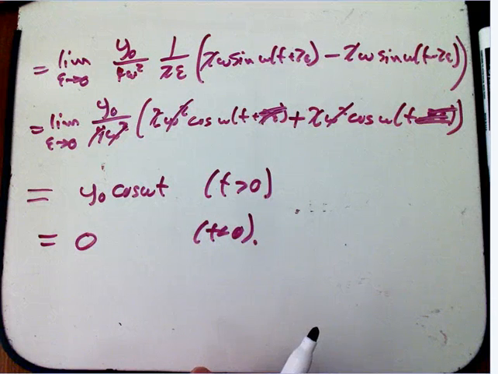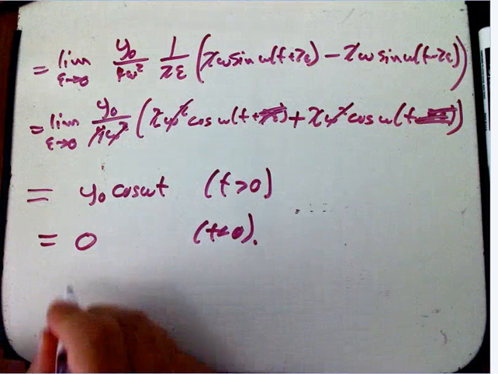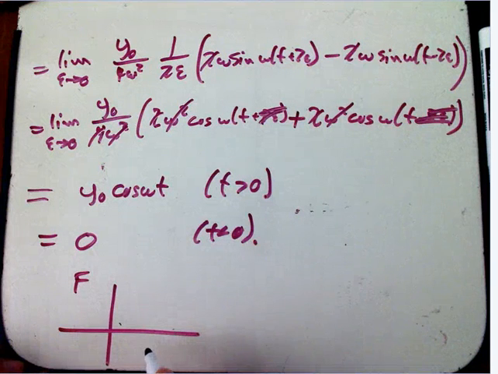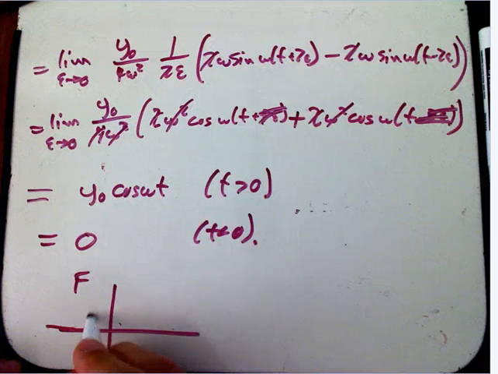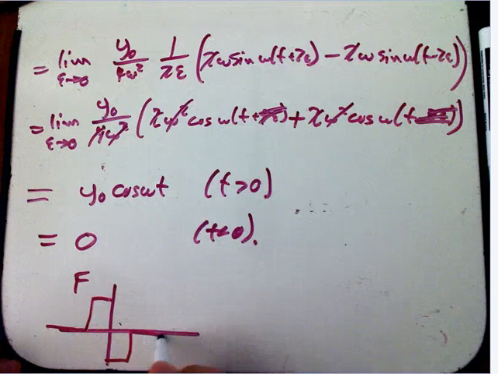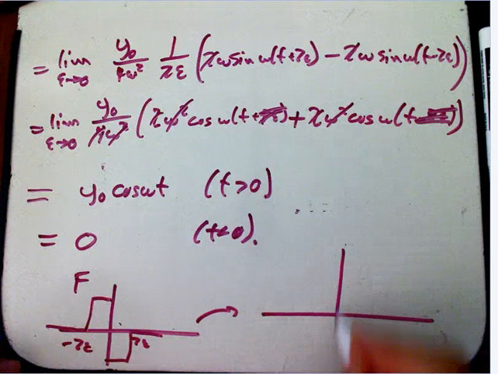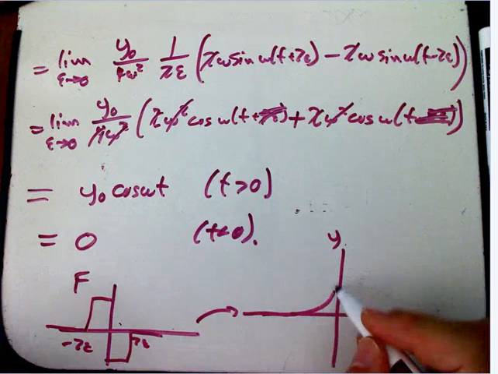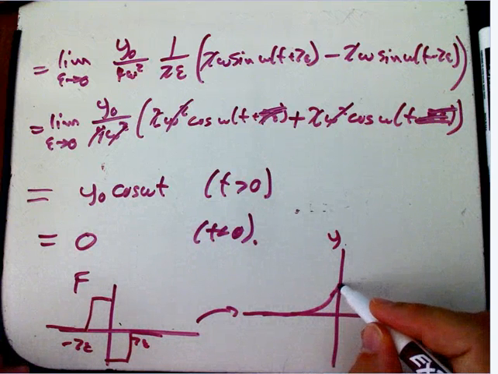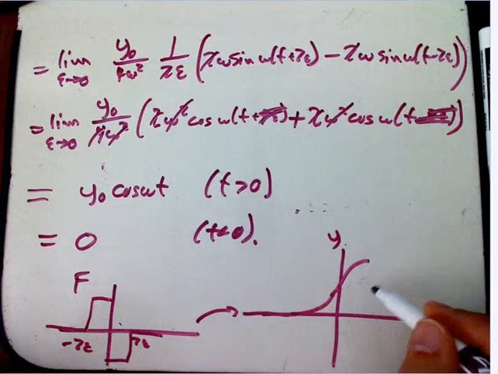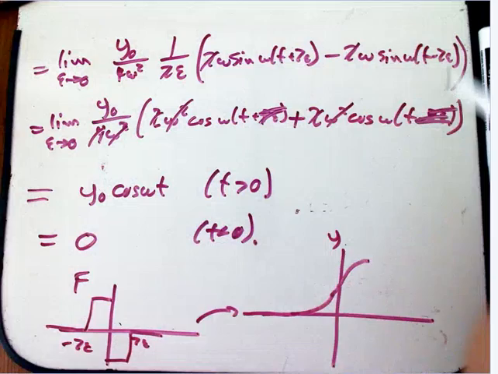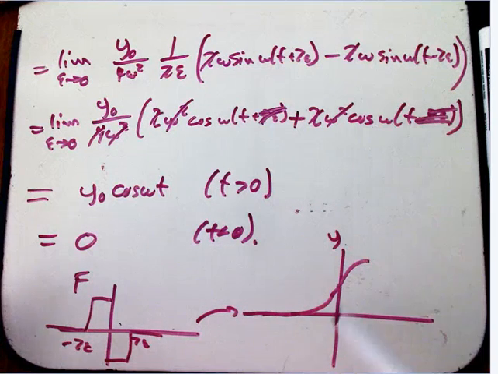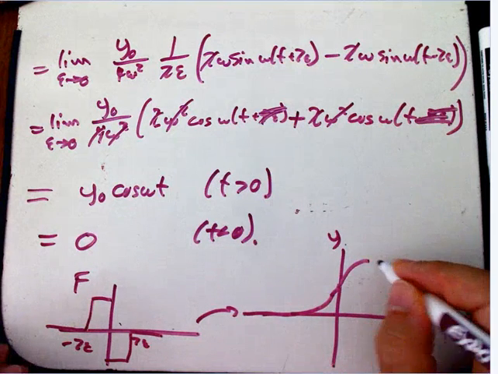Okay. So let's just make clear the upshot of that. Let me just remind you of what's going on. This is kind of long, isn't it? If I hit with the forcing function that looks like this, minus 2 epsilon, 2 epsilon, then the y looks like this: constant acceleration to a very good approximation, and then constant acceleration again. This takes into account the actual effect of the spring even in that time period, but it doesn't really have much of an effect.